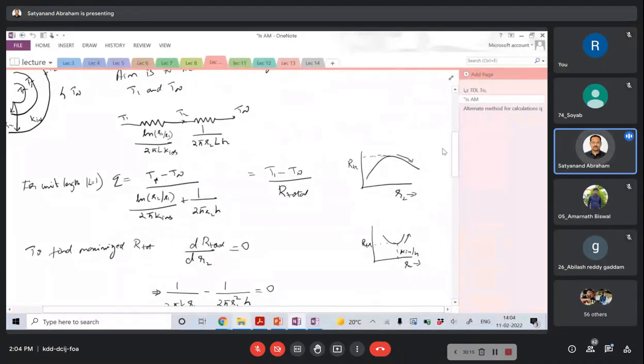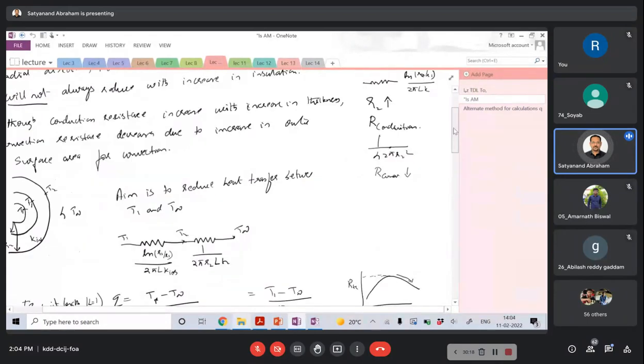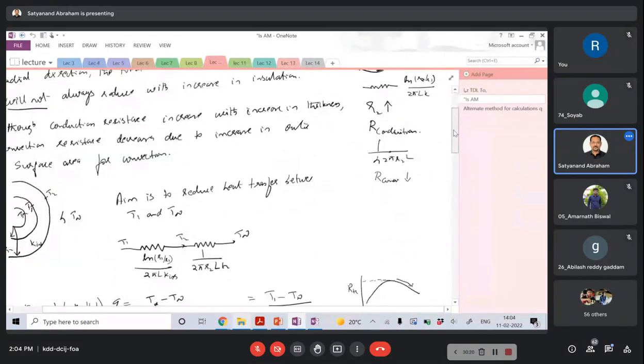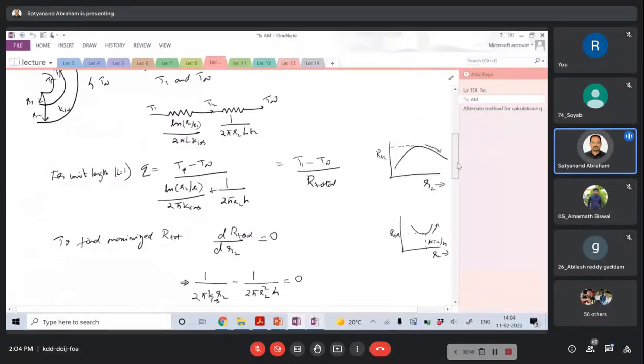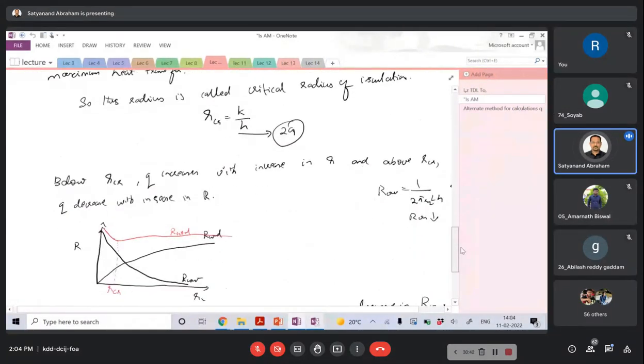Yeah. So we said that for an insulation, there are going to be two resistances. One is the conduction resistance, right? When we increase the thickness of the insulation, the conductive resistance is going to increase, but the convective resistance is going to reduce because the surface area is going to increase.